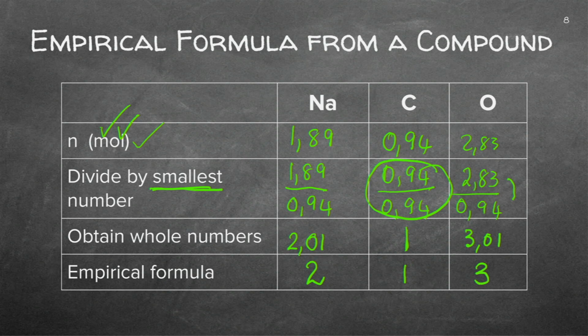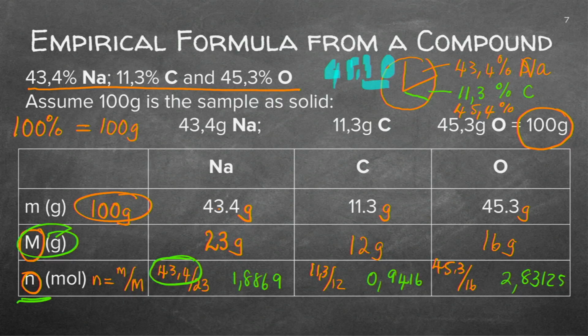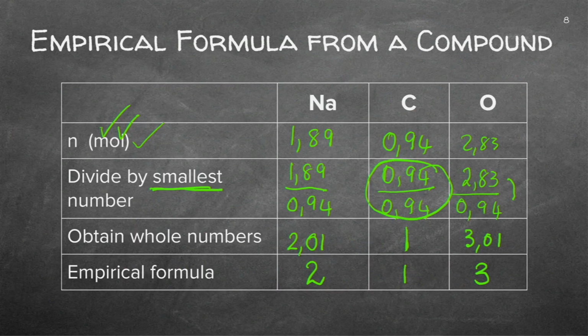What was the question? Find the empirical formula for this compound. So what did we do now? We said there's 2 sodiums. Can you see where that 2 goes? I've got 1 carbon and I've got 3 of the oxygen.